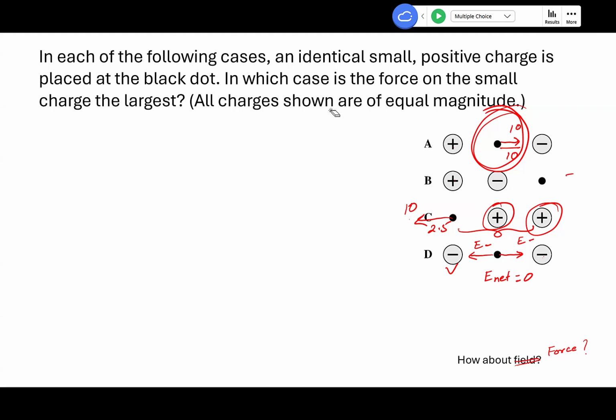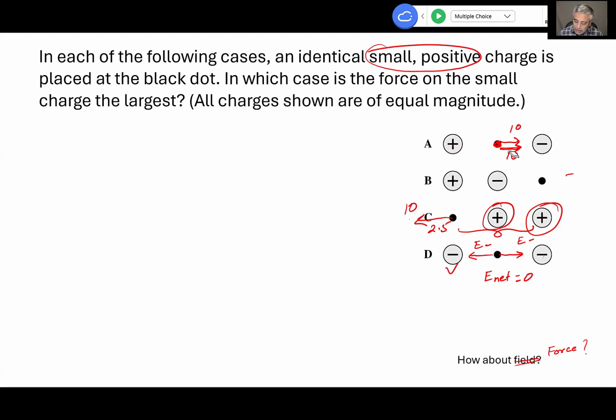If you could explain why it's A again instead of C, that would be great. Okay, so here at this point, both of these forces are acting in the same direction. Okay, positive. So see, this is a small positive charge, and that's what we assume when we define field. Okay, the test charge is small positive charge.